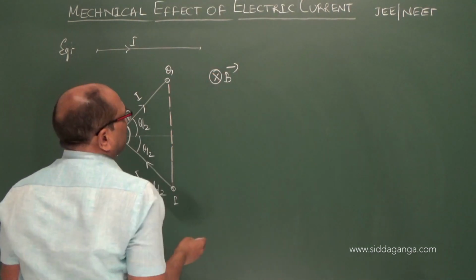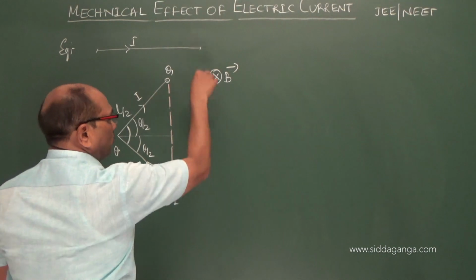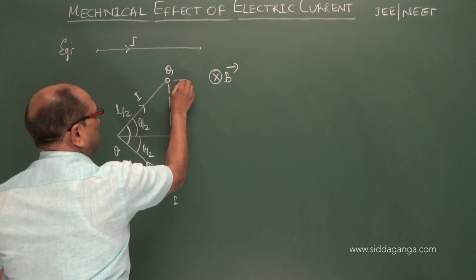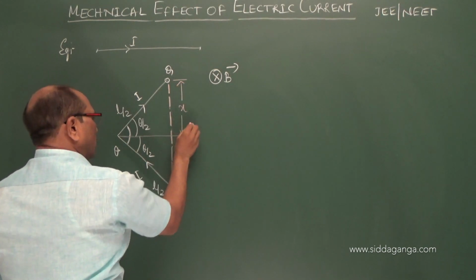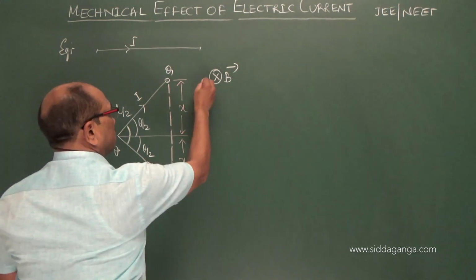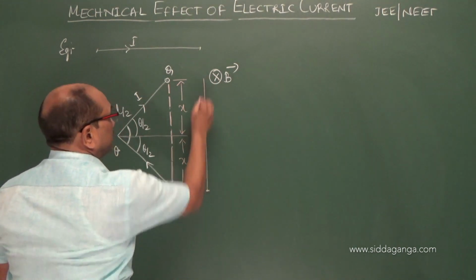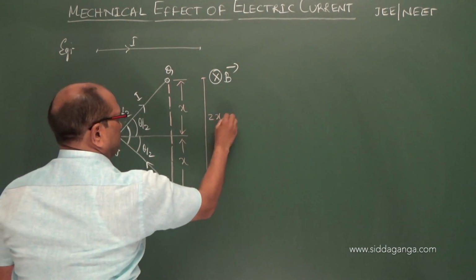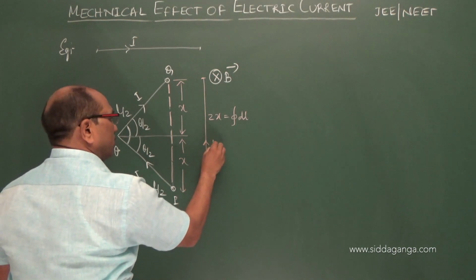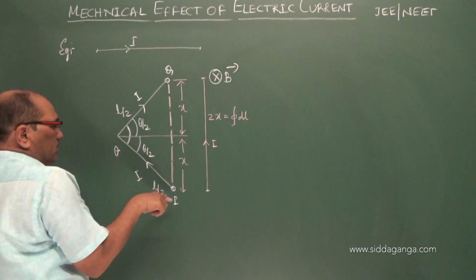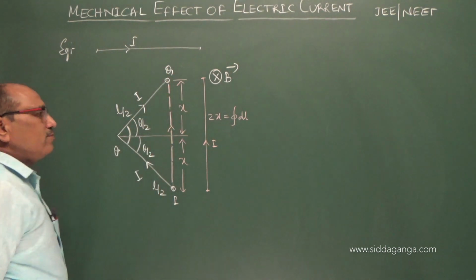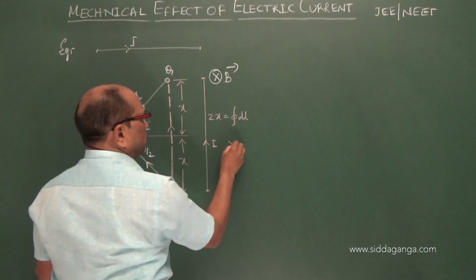The conductor for my reference appears to be this. The magnetic field is into the board, acting uniformly. If I call this portion X and the other also X, the total length is 2X. This is the conductor I prefer, of length 2x, integration of dl. The current I am taking upward, because the current goes from P to Q. The magnetic field is into the board.